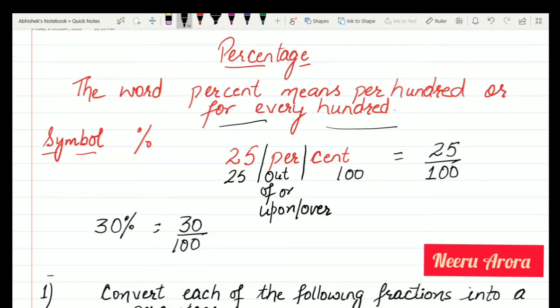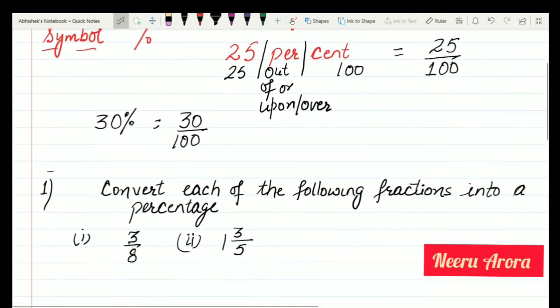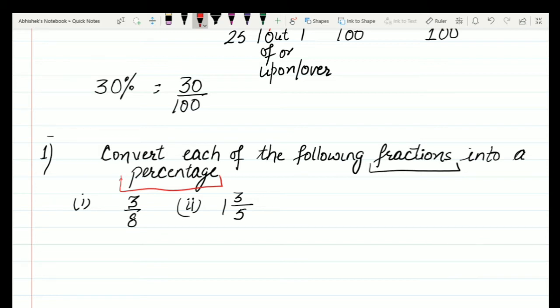Now let's understand some basic rules for the percentage. The first basic rule is expressing a fraction as a percent. We are going to understand how to convert a fraction into a percentage.